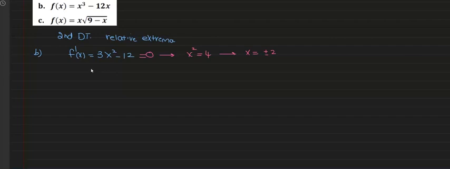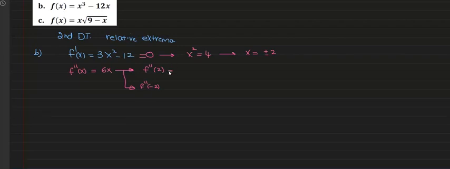Very well. What we will do now using the second derivative test is that we are going to get the second derivative, which is here 3 times 2, 6x. And then we will substitute the critical points we got from the above step, the f double dash at 2 and the f double dash at negative 2.